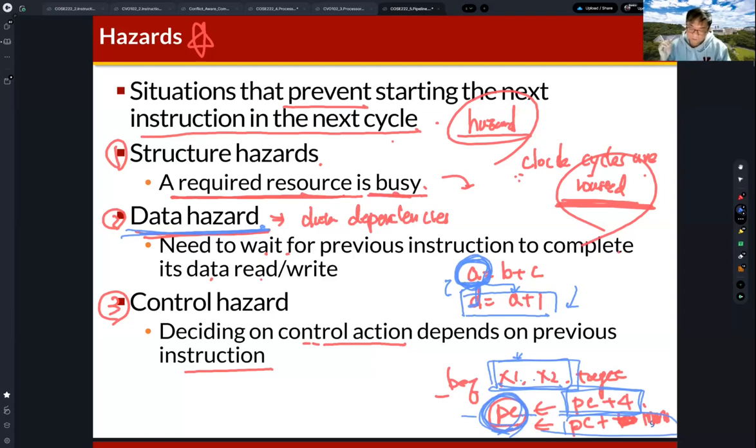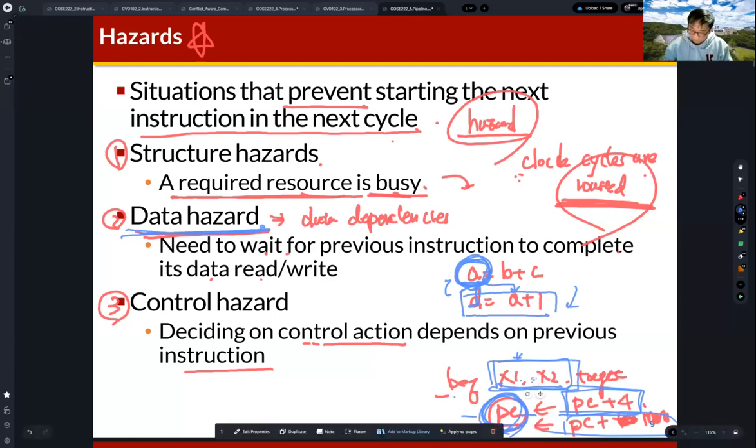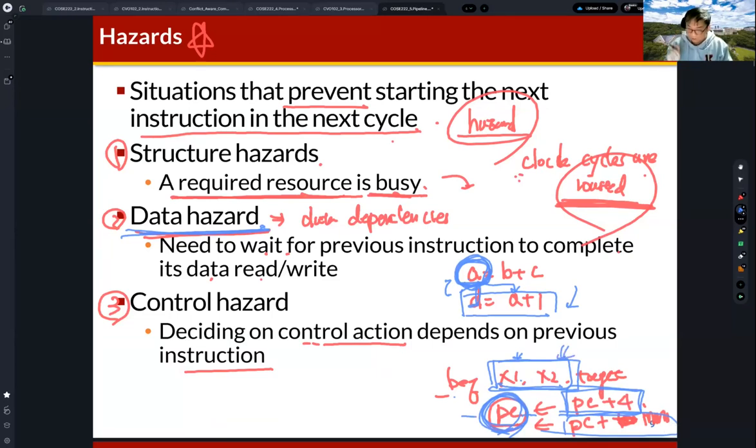So the clock cycles can be wasted until the target of a branch is decided. We need to wait until this result is determined, so clock cycles are wasted. This type of hazard is called the control hazard.